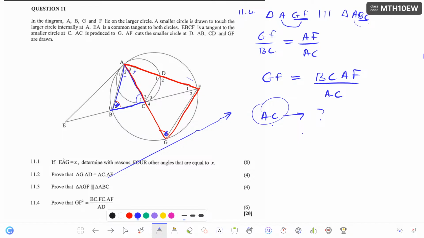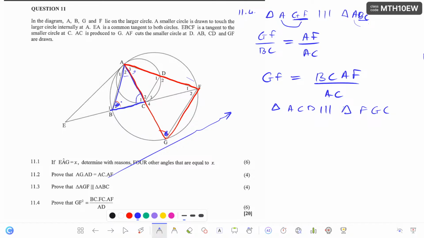So now let's go to, since we proved a lot of similarities, let's go to triangle ACD, which is similar to triangle FGC.